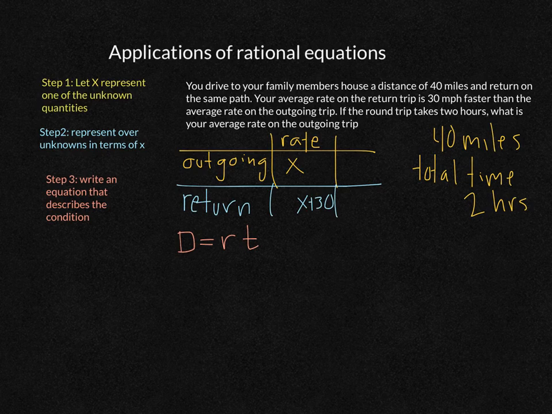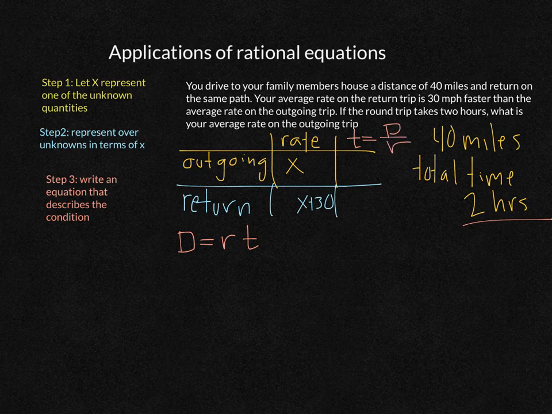Well, we know the total time is 2 hours. So we want to find an expression first that relates the two things we know, which is distance and our rate, to that 2 hours. So we will use the equation time equals distance over rate.